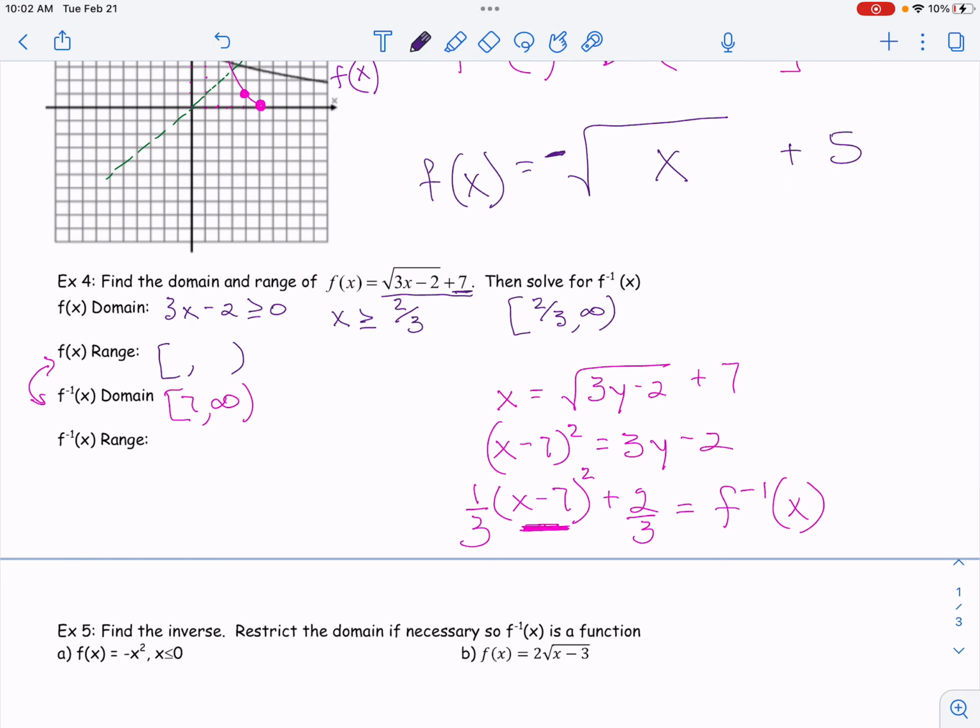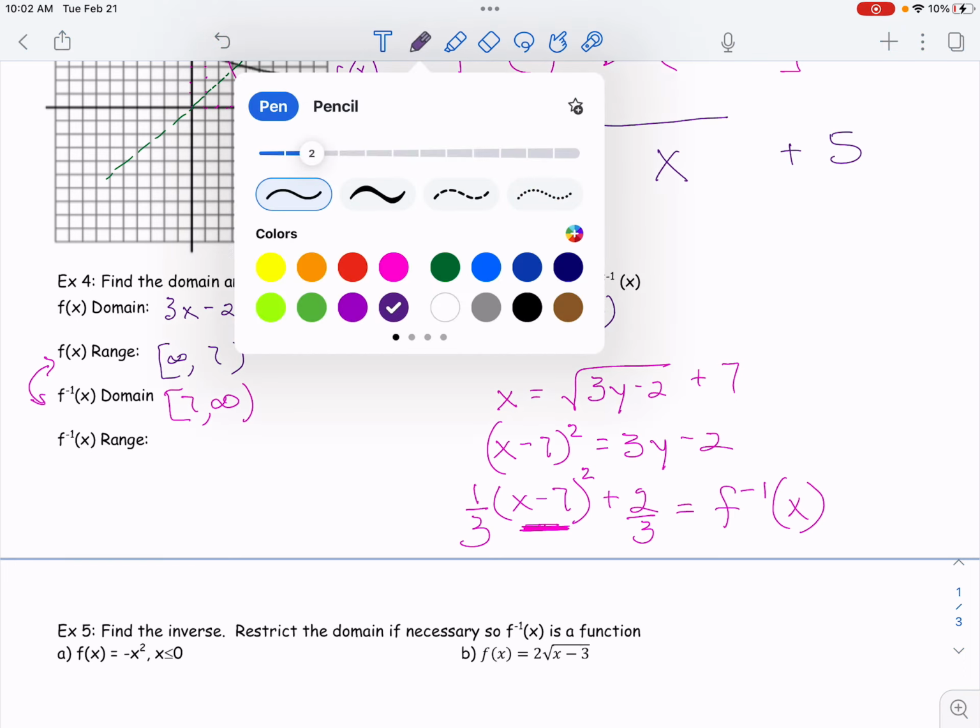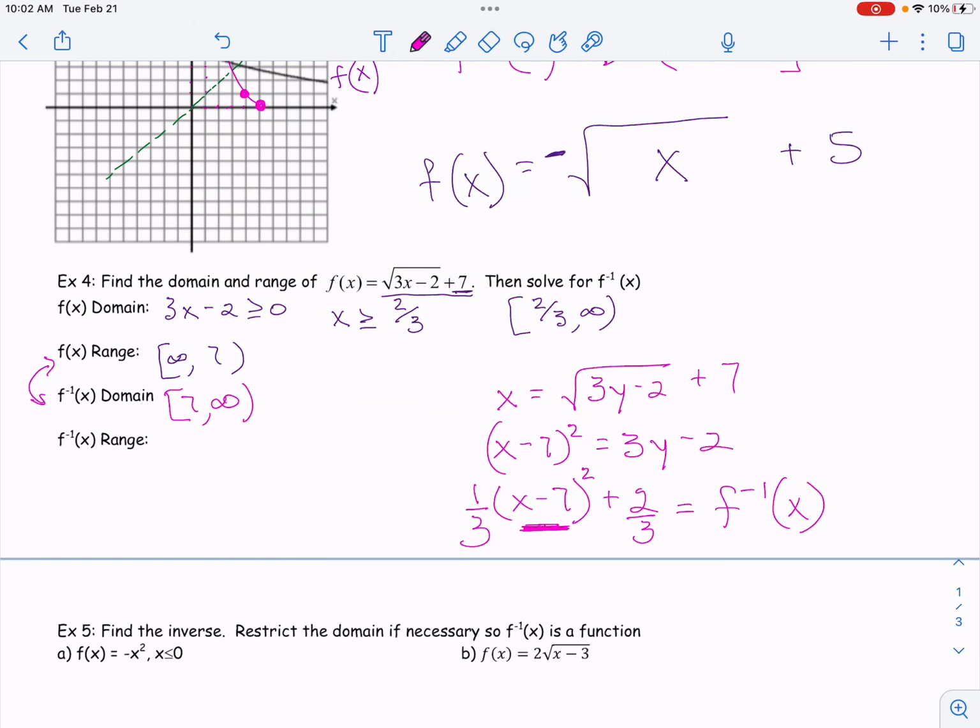It should be 7 to infinity. And then your range would be that. And you can see that right there. It has been moved up 2/3. So my range would be 2/3 to positive infinity. It's the inverse.